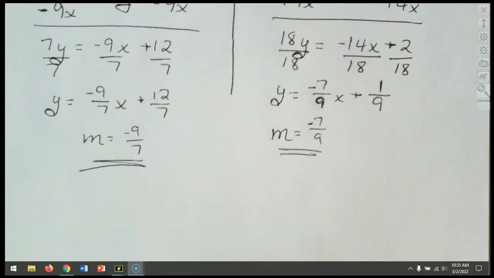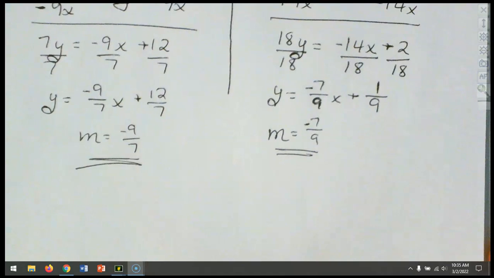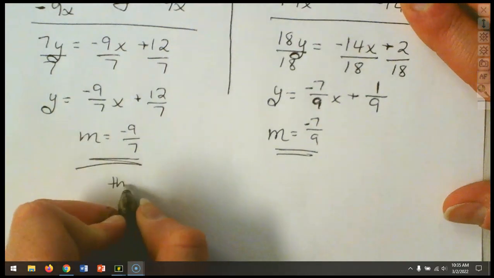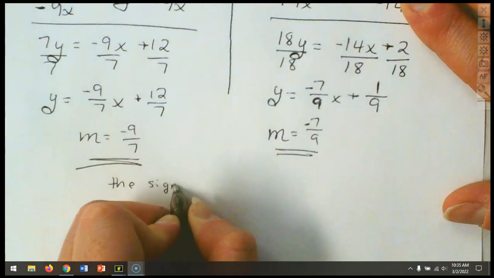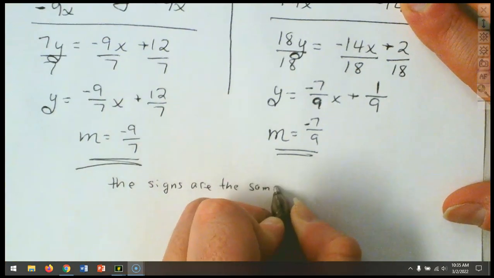What about perpendicular? For them to be perpendicular, they have to be opposites in signs. These are the same signs, right? That means it's not perpendicular. These are going to be neither. So the signs are the same. So it is neither.